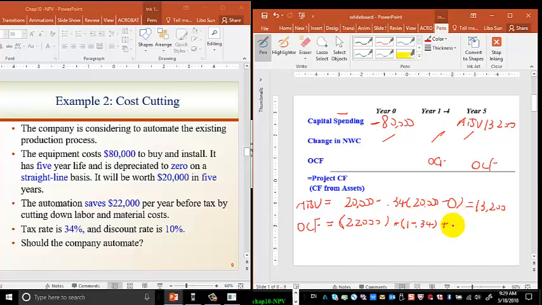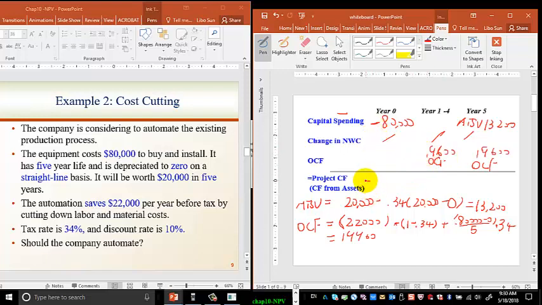The annual depreciation is 80,000 over 5 years, so on this amount we have to apply the 34%. Using the calculator, we found OCF is 19,960.